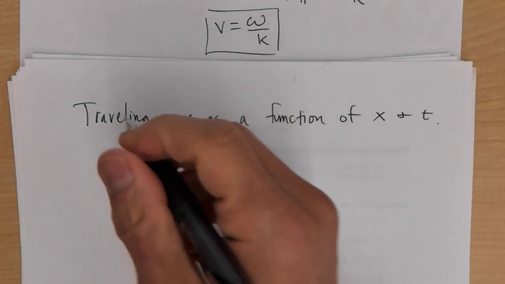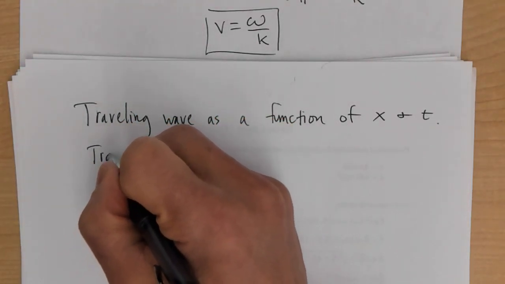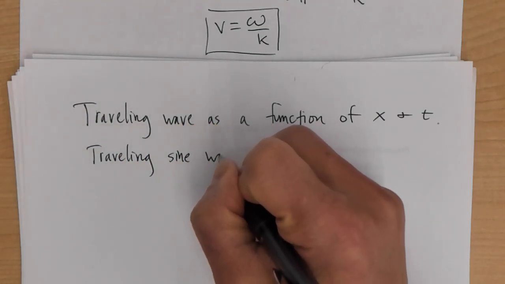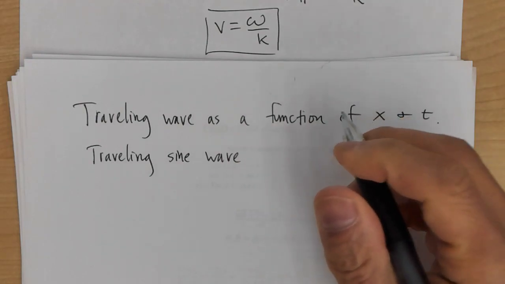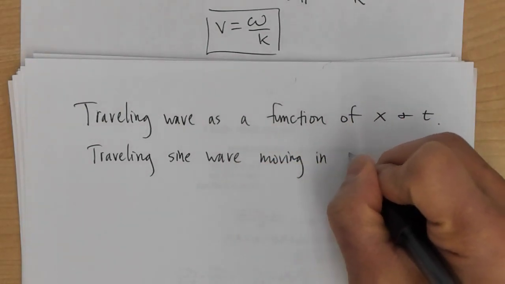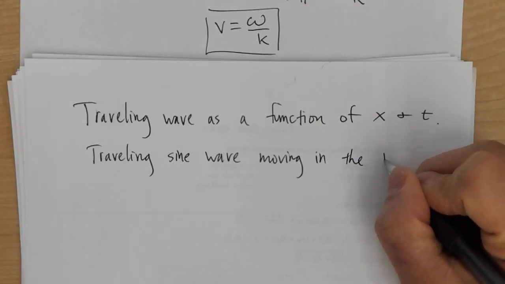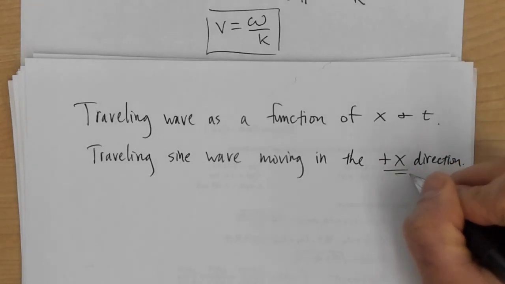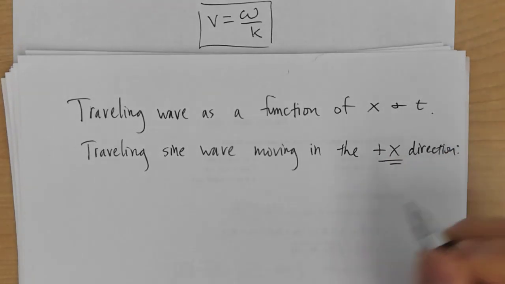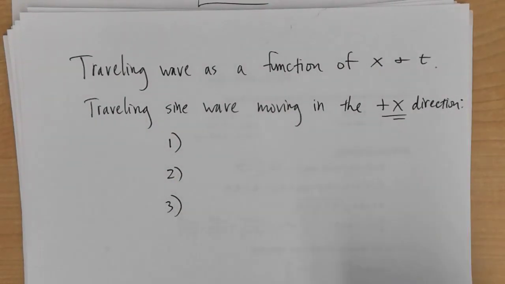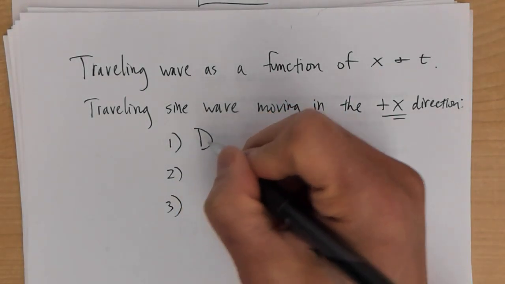So let me write down a traveling sine wave moving in the plus x direction. I'll give you 3 different forms, and I'll try to explain why they're the same and what they mean.